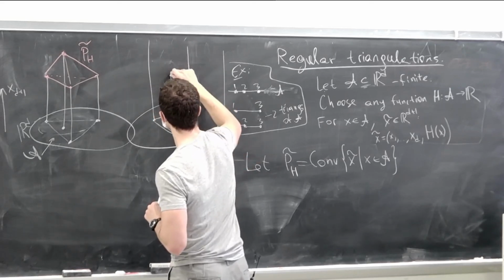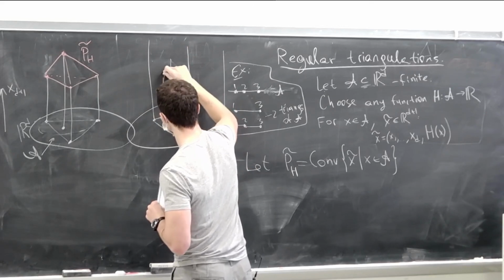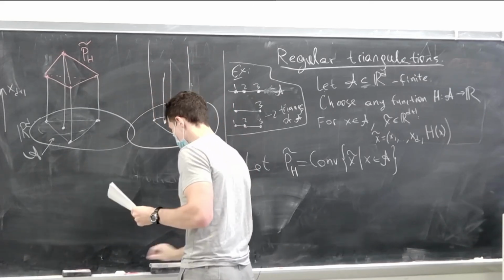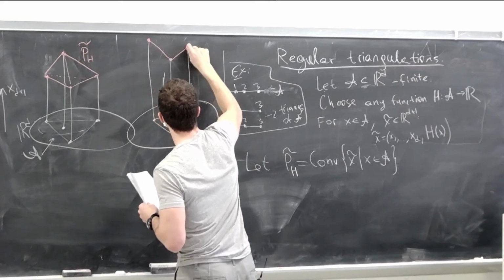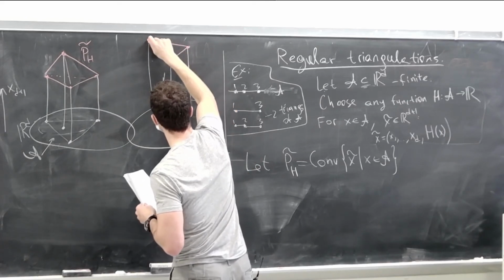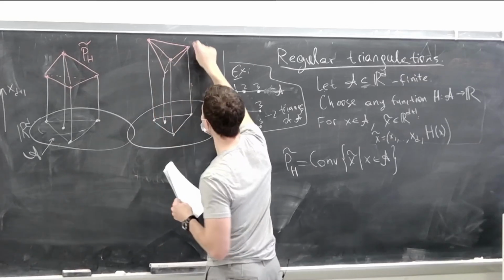Maybe have them like this, and then this one goes here. And then my polytope would look like this. This would be p tilde.